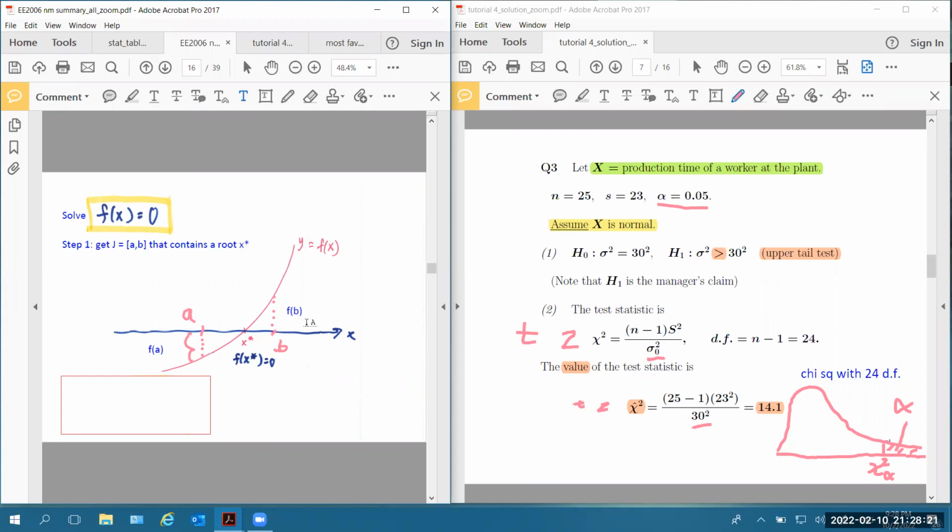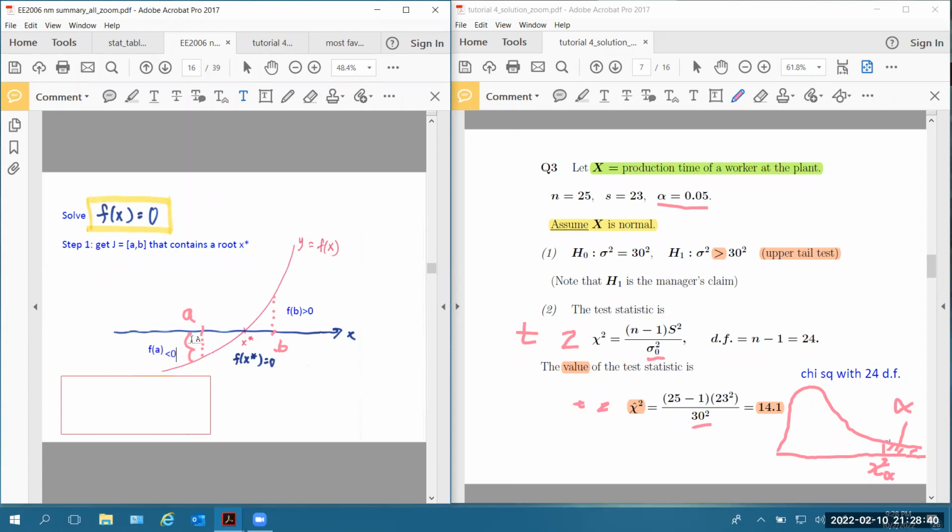Positive. Yeah, f(B) is positive, right? So you can see that f(B) is positive, but this f(A) is negative. So one positive, one negative.